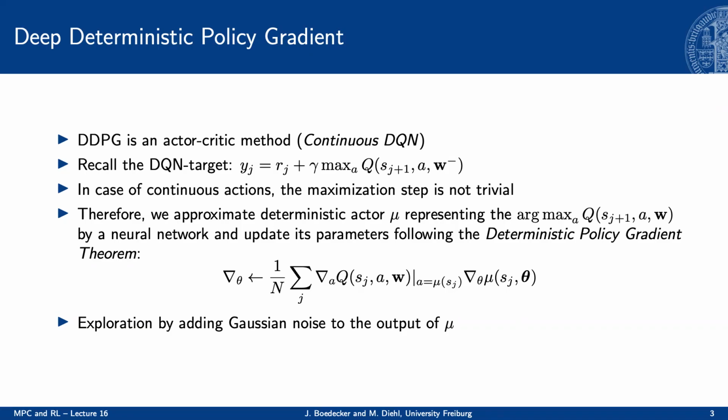So we represent this actor by a neural network, and then this deterministic policy gradient theorem actually gives us this update. There's a paper by Tim Lillicrap and some other colleagues at DeepMind. I don't remember the exact year, but something like 2017, roughly.